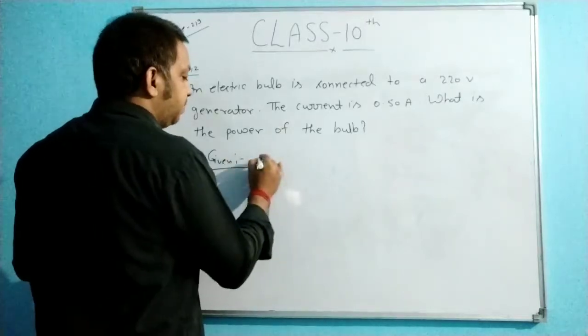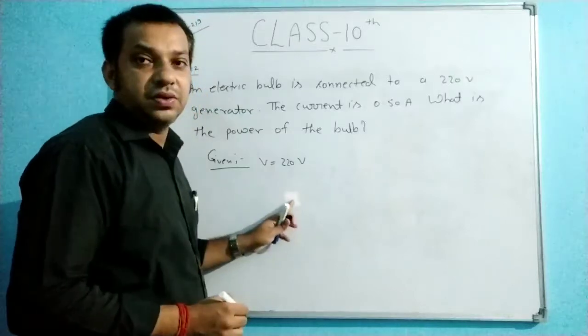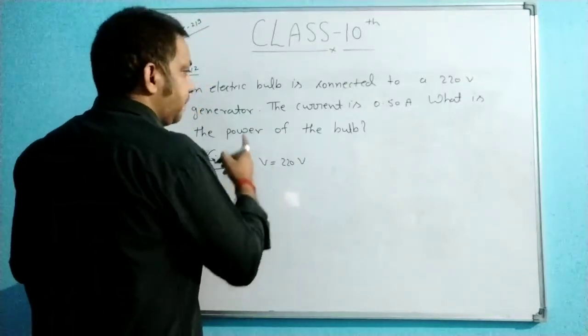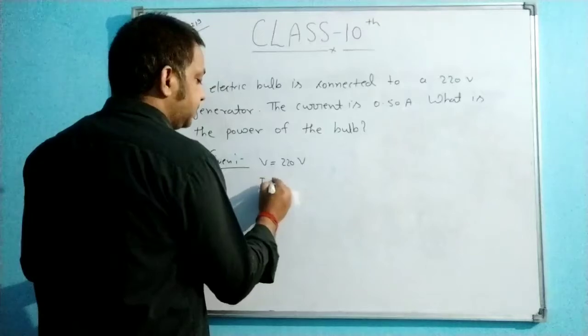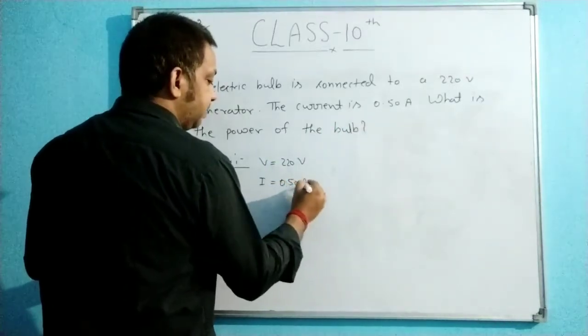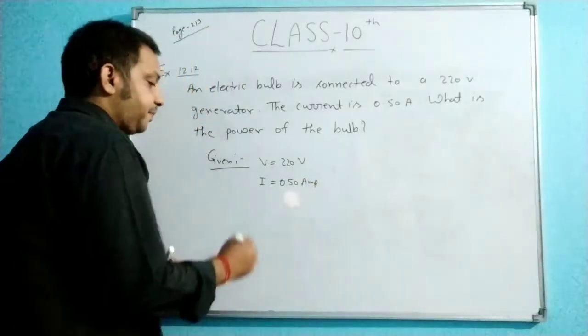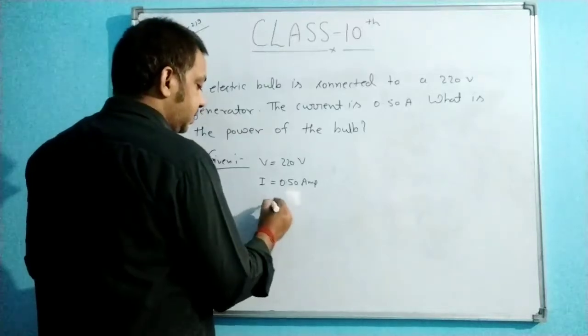The value of the applied voltage is given, 220 volt, and the current flowing through this bulb is also given, 0.50 ampere. Our aim is to find the power.